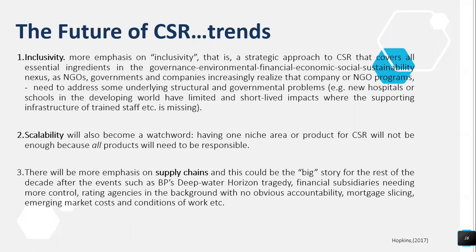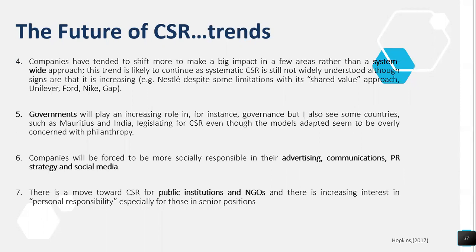So inclusivity. Inclusivity is a strategic approach to CSR that ensures that sustainability is met. And then scalability, make sure that there's a niche or products for CSR. And then supply chains. And as well, companies have to focus on making a big impact in few areas instead of trying to make an impact on every area.